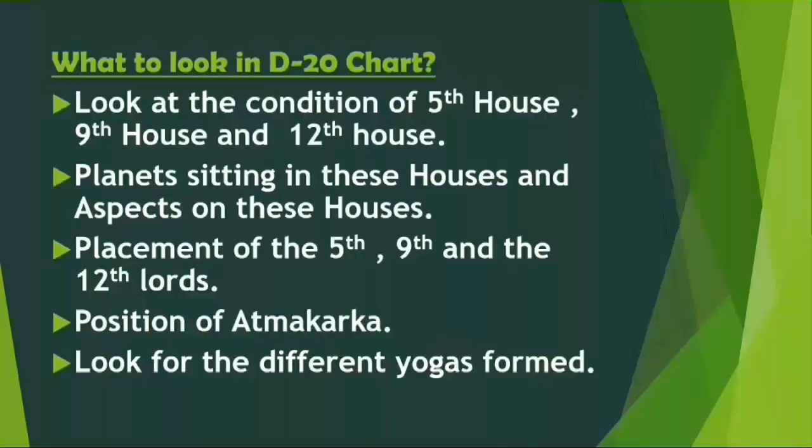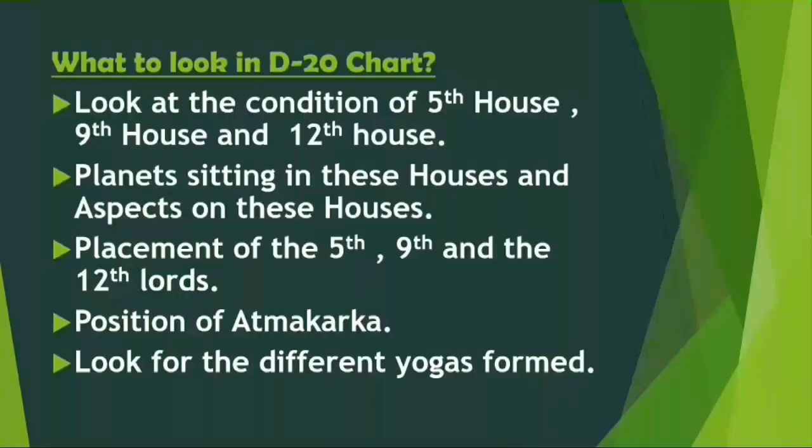So the fifth house of the D20 chart talks about the path of your spirituality, the progress of your spirituality. It is the house which indicates the deity you should worship or the deity you already worship. It talks about the wisdom you have, the kind of devotion, the emotions you pour into your prayers.